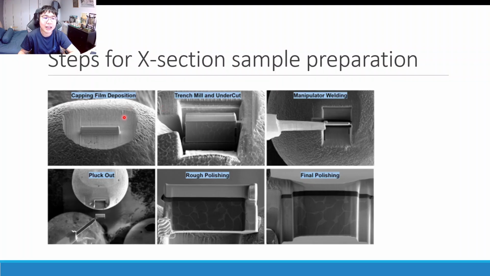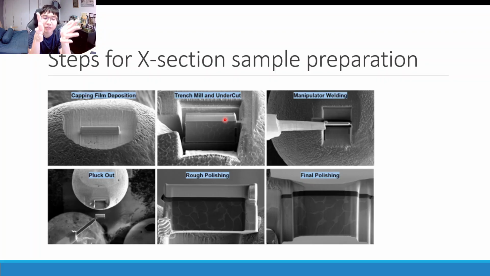In the first step, a very deep trench is cut on one side of the sample. Then the sample has to be rotated and cut on the other side as well. Essentially, we are cutting two deep trenches, one on each side, to isolate the thin cross-section.